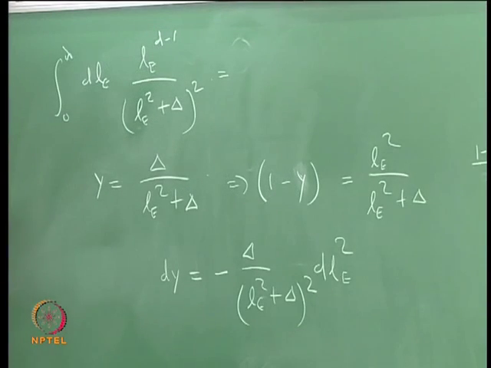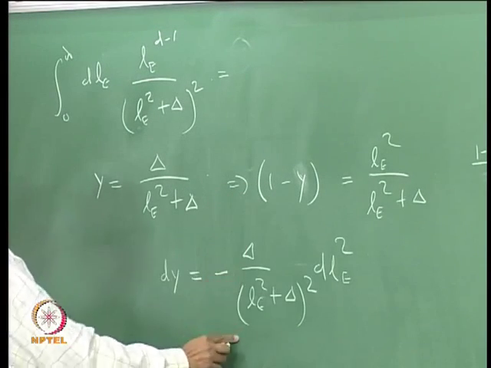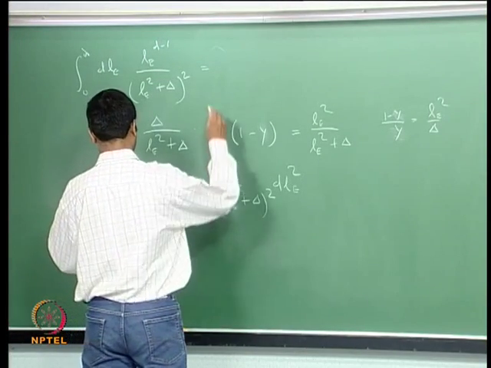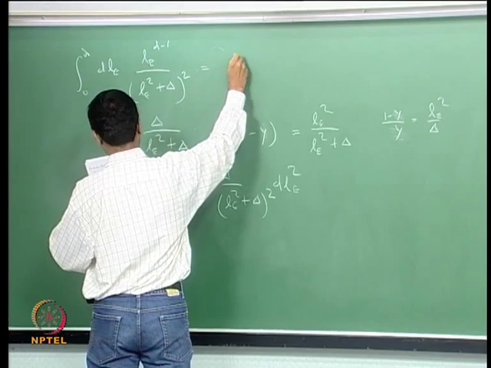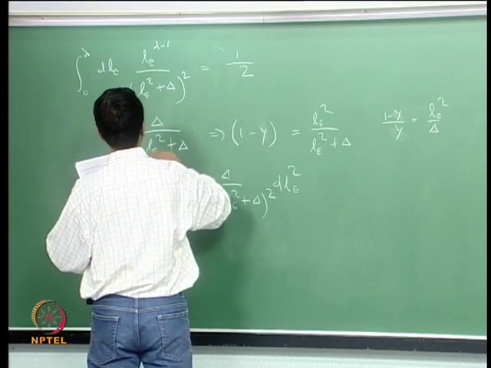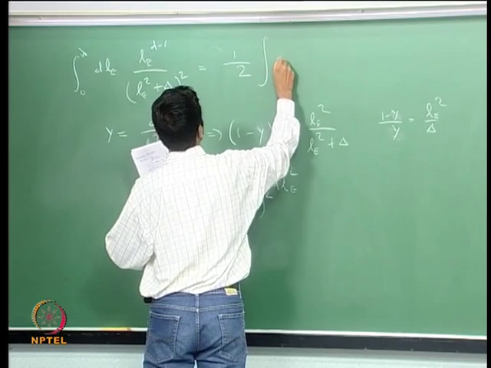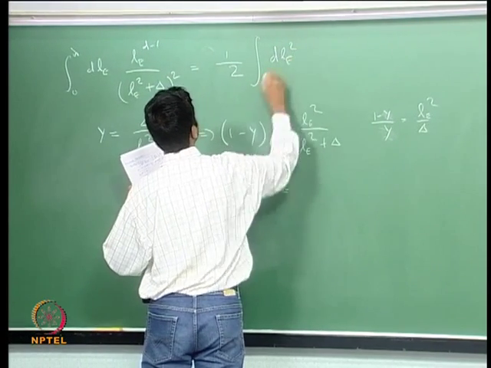That is what I get. So, when I substitute all these things, what I will get here is 1 over 2, d l_E square from 0 to infinity.